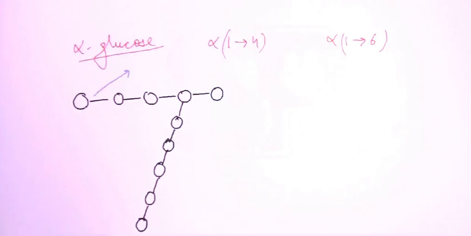What is the bond here in the straight chain? All of these in the straight chain are alpha-1,4 bonds, but all these of the branch chain are not alpha-1,4. Only the first bond at the branch point is the alpha-1,6 bond. The rest are again all glucose residues.